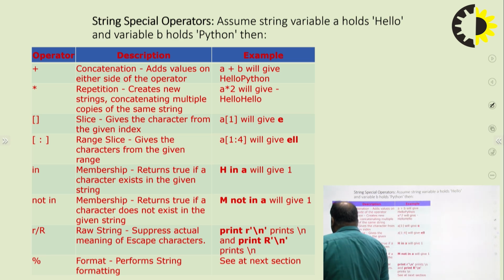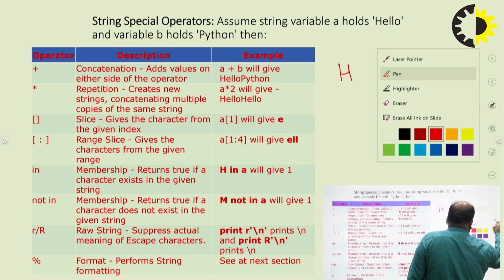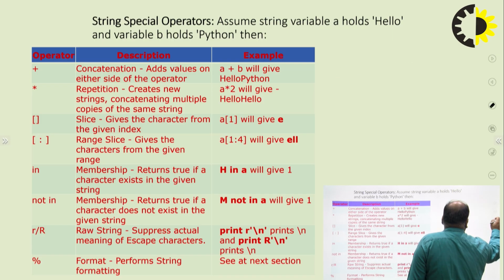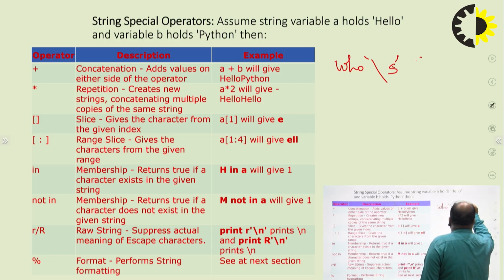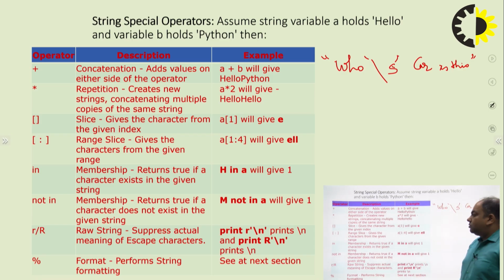In these operators, I want to discuss the r and capital R. Basically, what is a raw string? A raw string is used when I want to print a string such as this one.